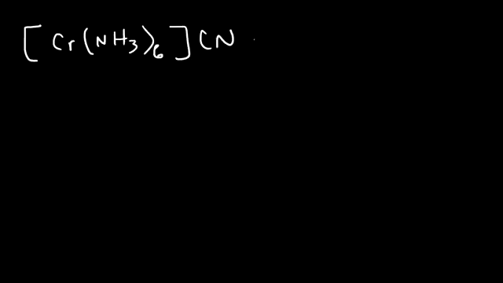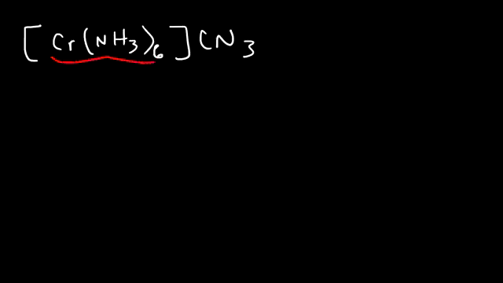Now let's talk about coordination compounds. And here is an example. A coordination compound is neutral overall, but it consists of a complex ion and a counter ion. What do you think is the complex ion in this example? Well, you can clearly see it.